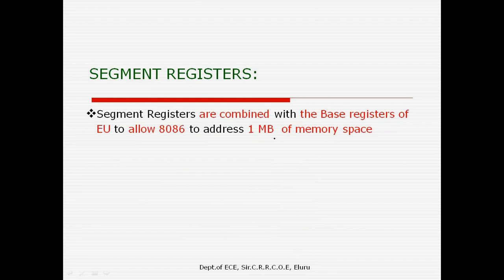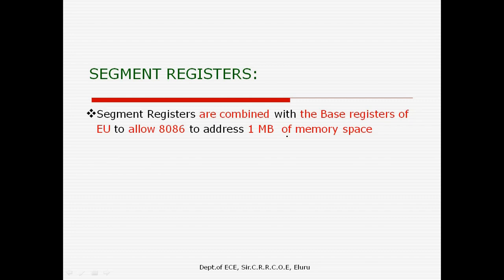So the registers from the bus interfacing unit are combined with the registers from the execution unit, and the two registers define the 1 MB of the memory space. How these two 16-bit registers determine the 1 MB of the memory space, we will see.